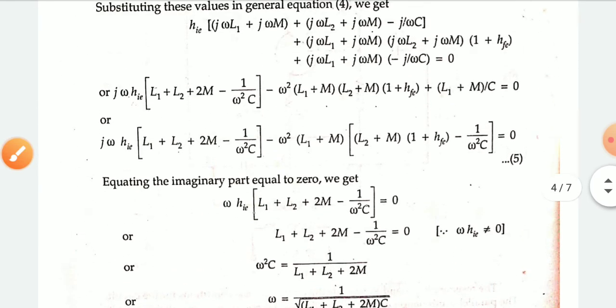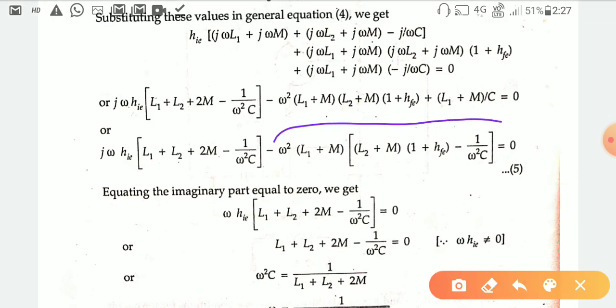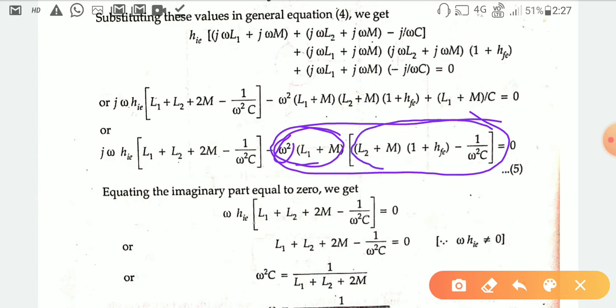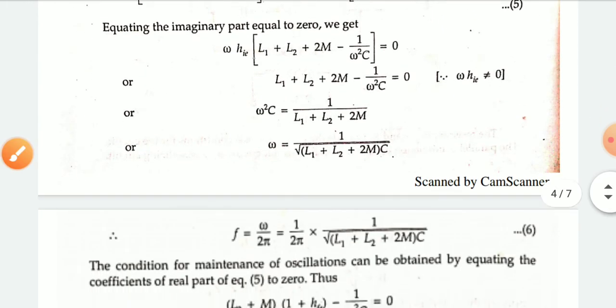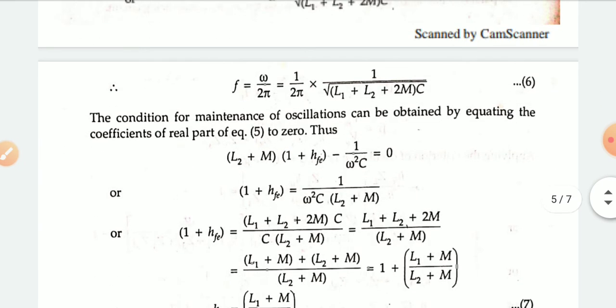Here omega should be present, L1 should be present, so obviously this term cannot be 0. So we can conclude that this one section can be equal to 0. If you put this as 0, the expression is written as L2 plus M multiplied with 1 plus h_fe minus 1 by omega square C.